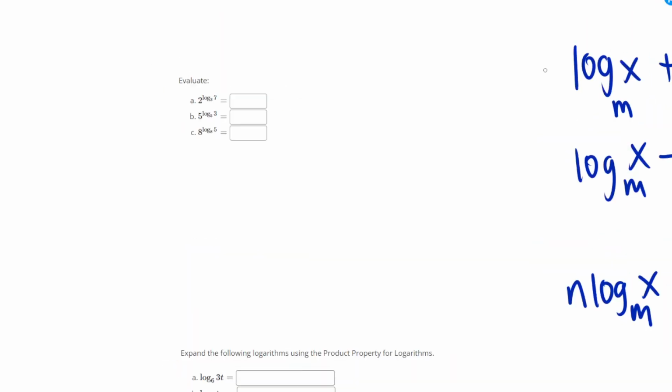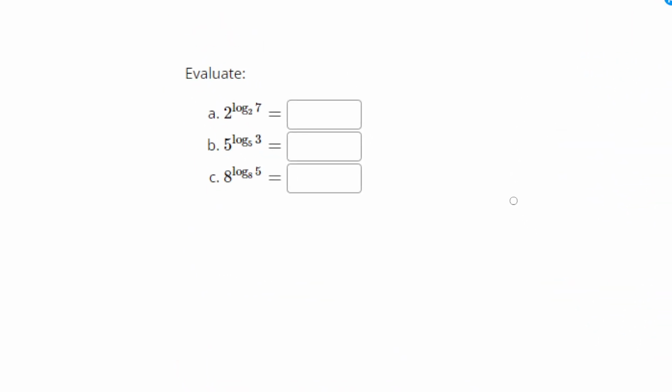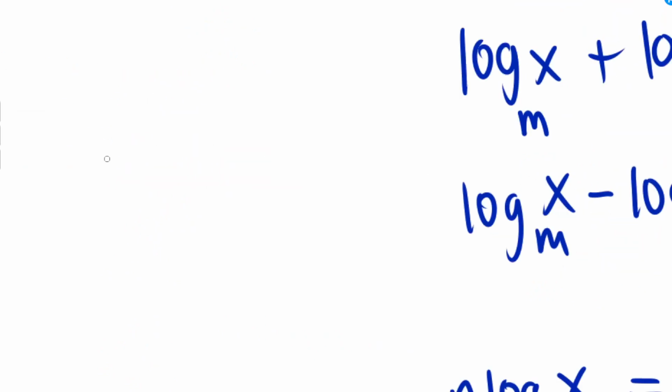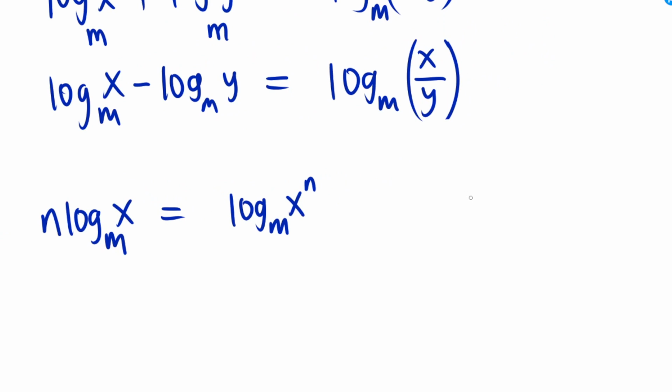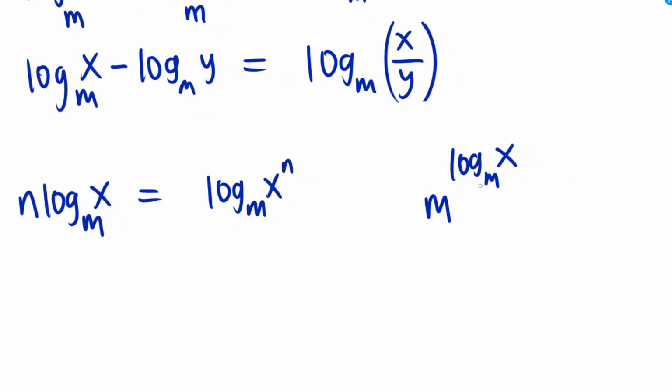All right, let's just hop into it. Yes, one more. I covered this a little bit in my last video because it was relevant, but if you have something like m to the log base m of x, that's like an exponent, the m and the log base m can cross out, and that leaves you with x.